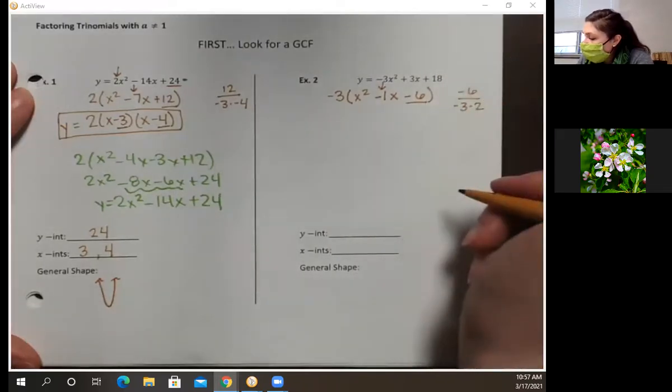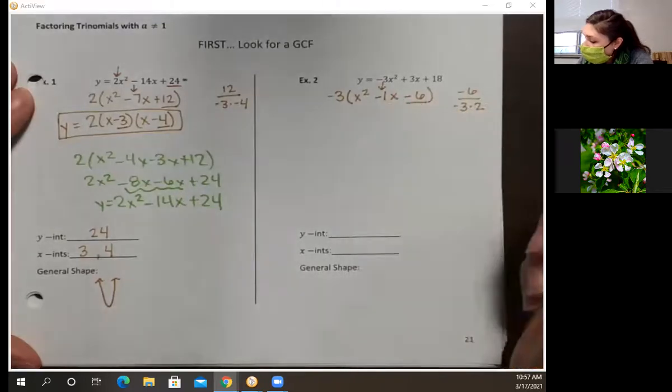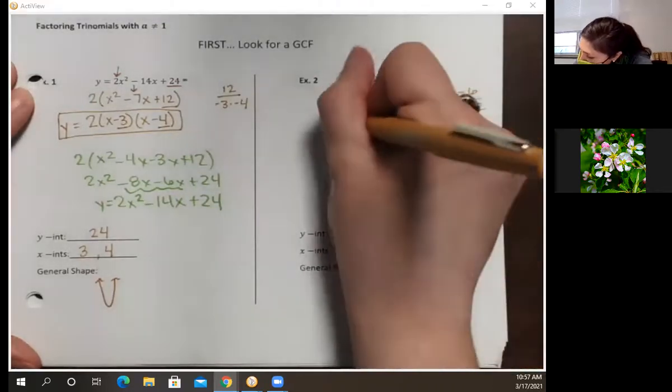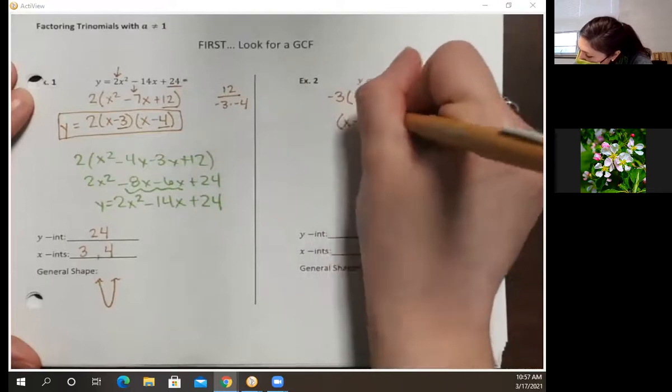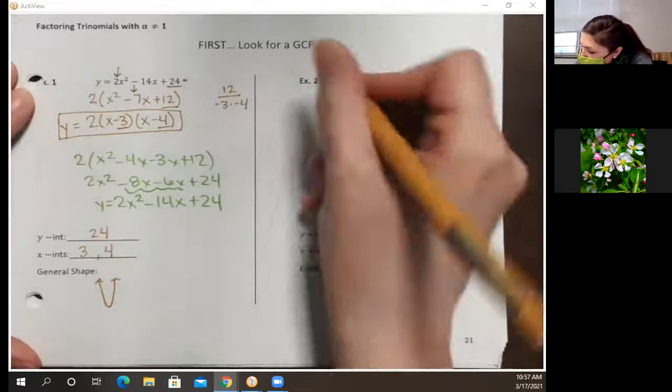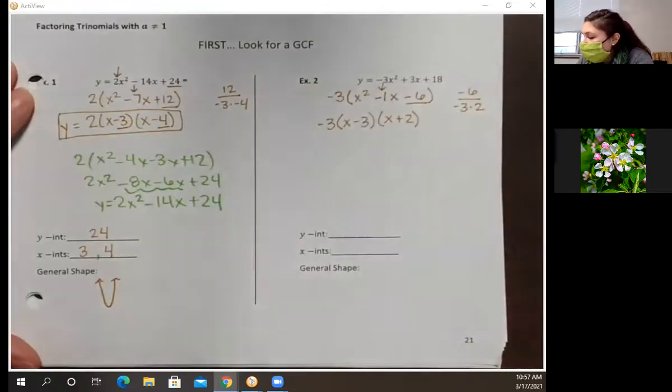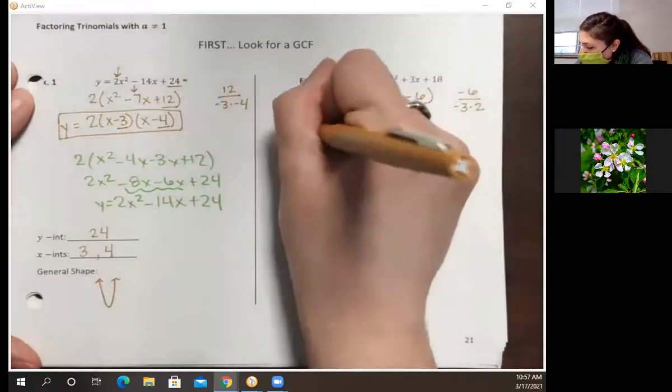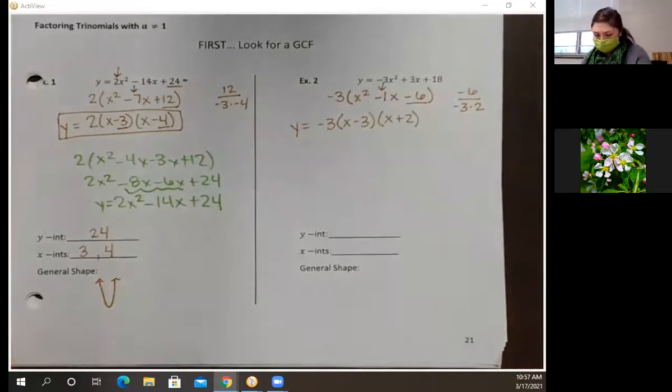Multiply to give me -6. If I add them, I would get -1. So this would be x minus 3 times x plus 2. And then don't forget that -3 inside. Get that GCF we pulled out. So there's my factored form.